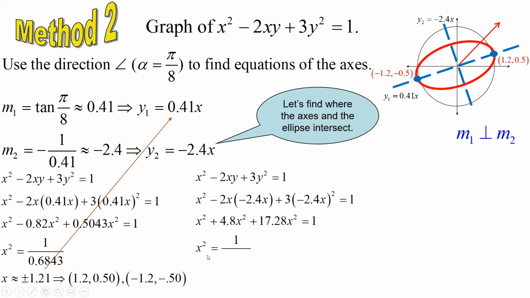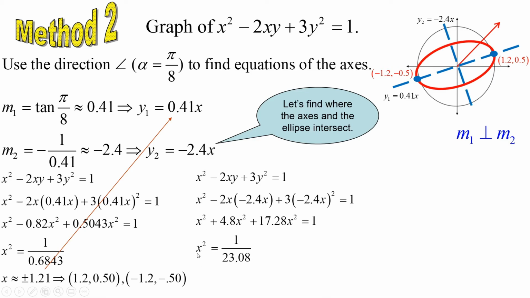So that means x squared would have to equal 1 over, and what is that coefficient on the left? Well, it would be a 1 plus 4.8 plus 17.28. Ooh. 1 plus 4.8 plus 17.28. And I'm getting a 23.08.